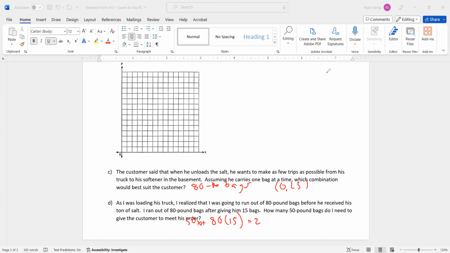And again, we want to get to 2,000. So 80 times 15. 1,200. So 50x plus 1,200. He's already got 1,200 pounds of salt. How many more pounds does he need? He needs 800 more pounds.